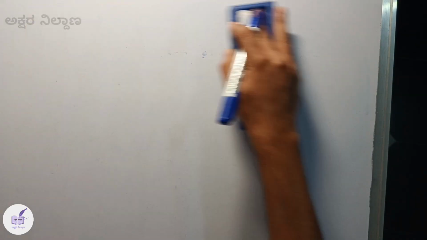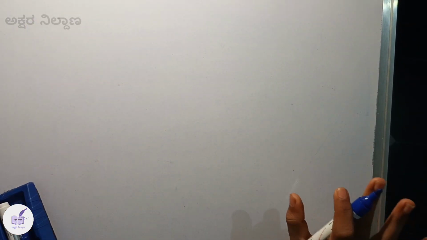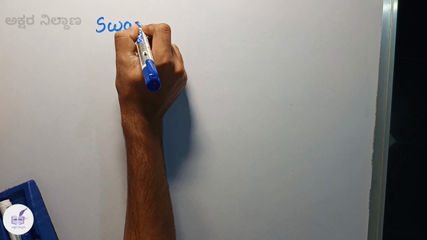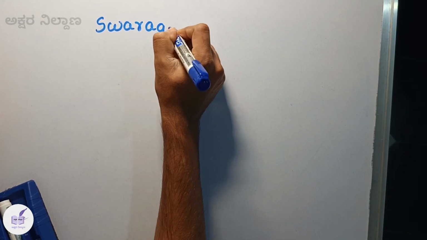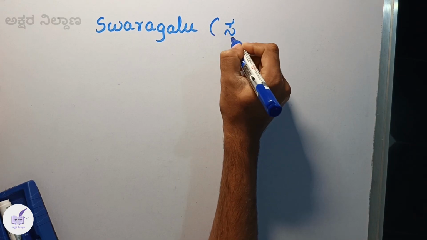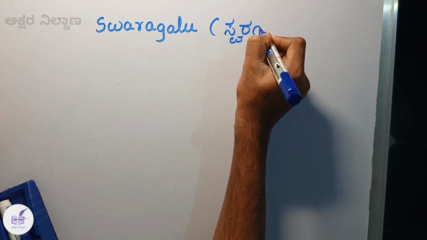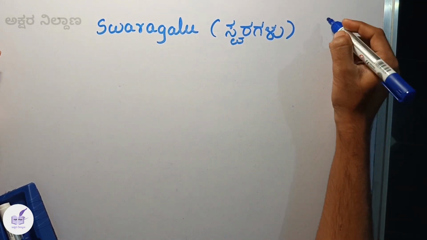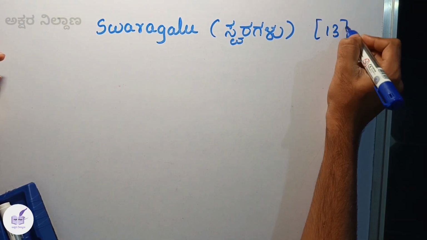Let's go through the first group, called Swaragalu. There are 13 letters in this group.